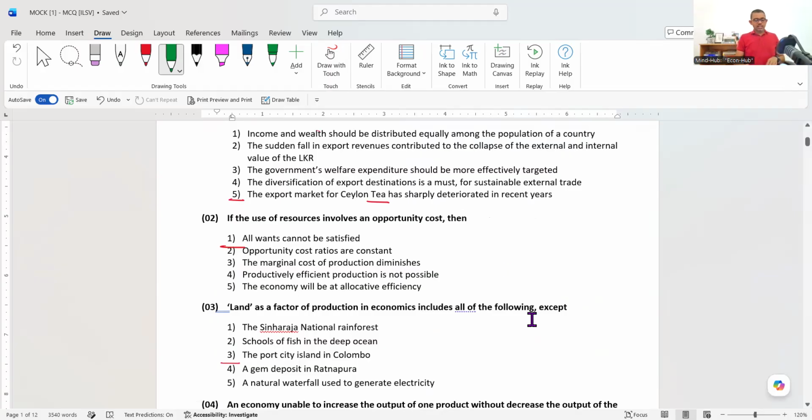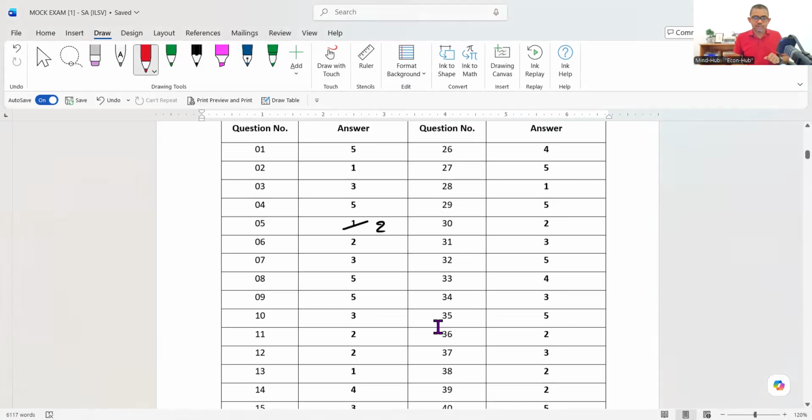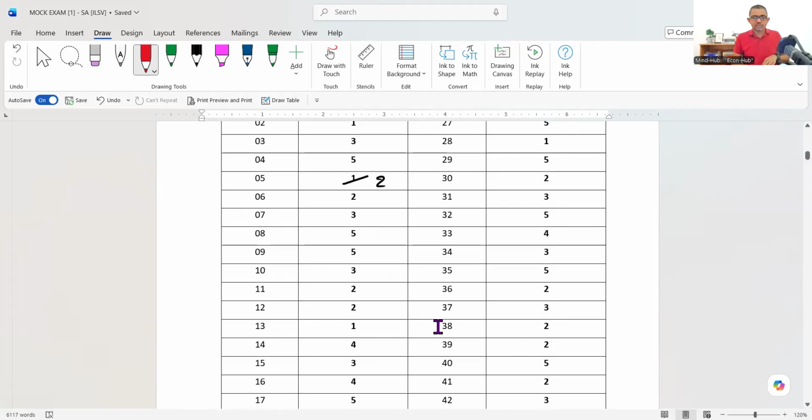In your suggested answer, I see a small issue. Question 2, MCQ 2, correct answer is number 1. But in the suggested answer, I think it's printed as, sorry, question 5.